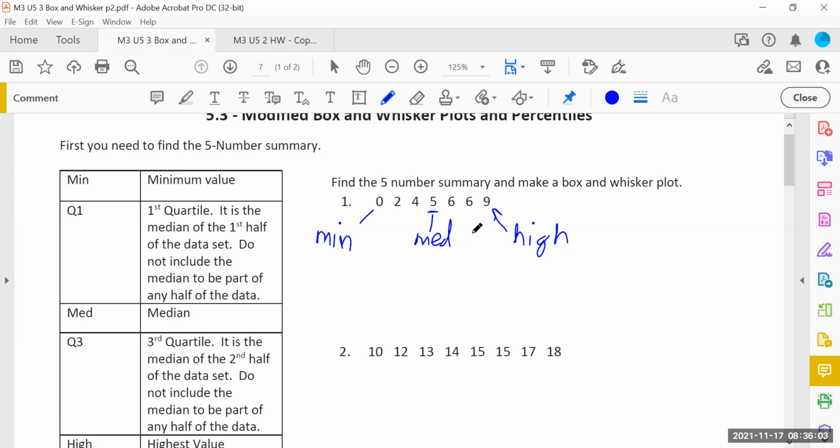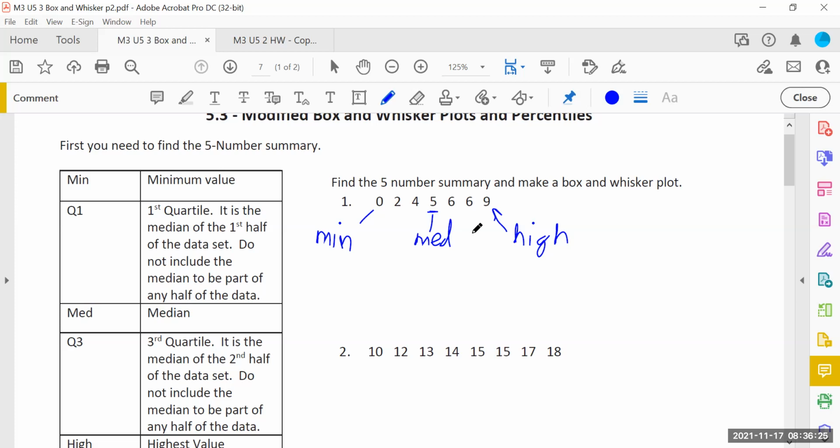Now the median itself, here's where we start to have issues if we're not paying attention. So again, phones away, earbuds out. The median now is separate. It's not in the lower half or the upper half. We don't count the median for the next part.